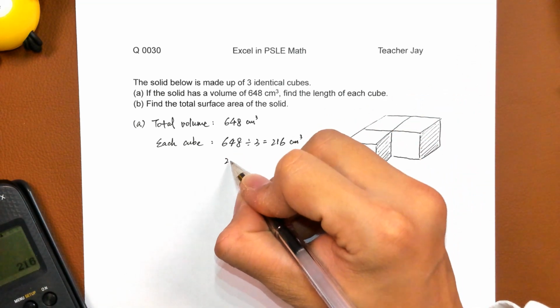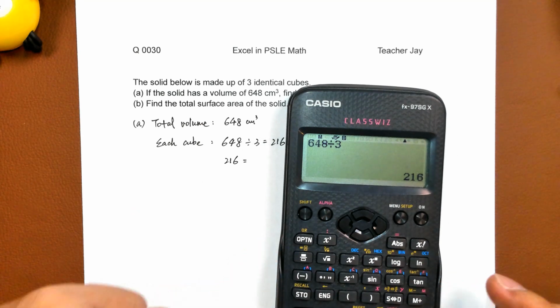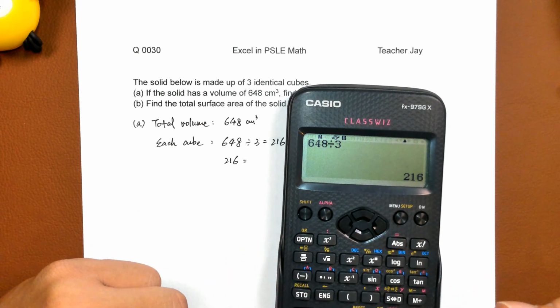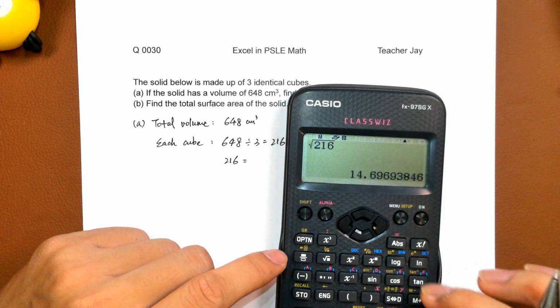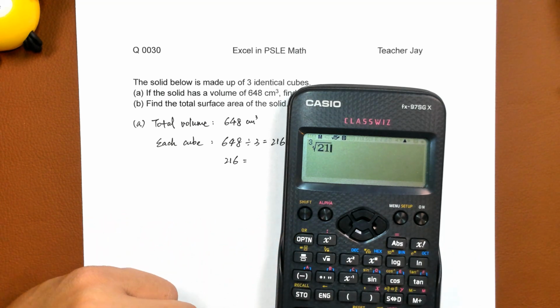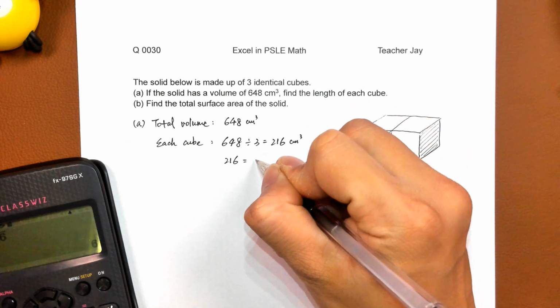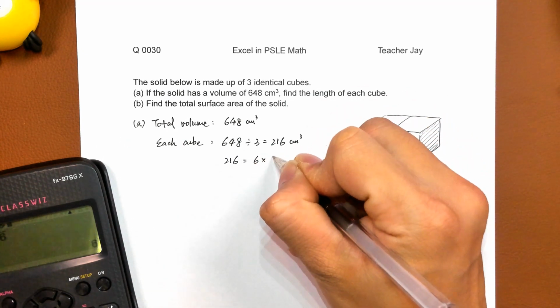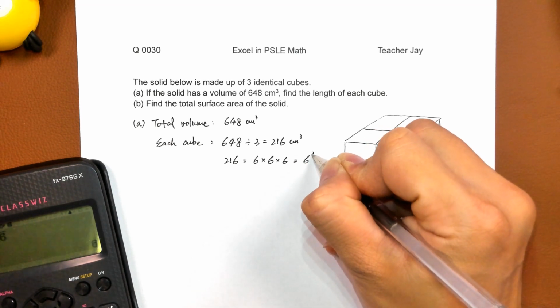And since 216 equals, we find the cube root of 216. We find the cube root, 6. So 216 equals 6 times 6 times 6, which is 6 to the power of 3.